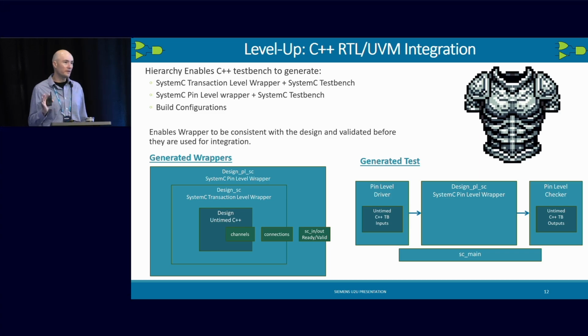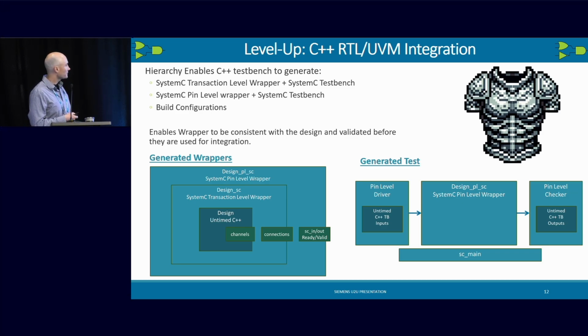So with this, you can keep the wrappers and interfaces consistent with your design, and they evolve with your design as the design changes. Every time you run a test bench and validate the design works, you can get your interface in order to integrate with RTL.